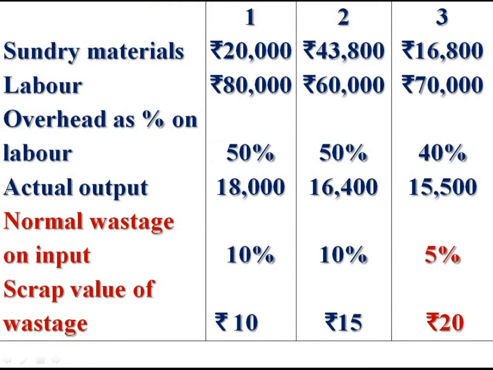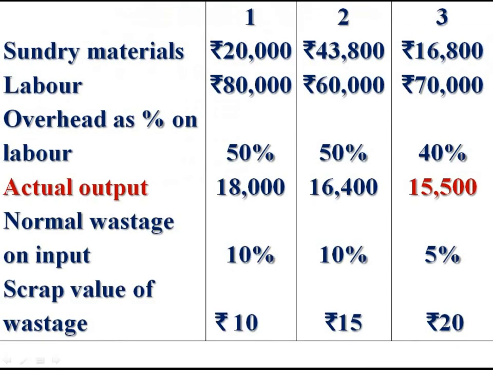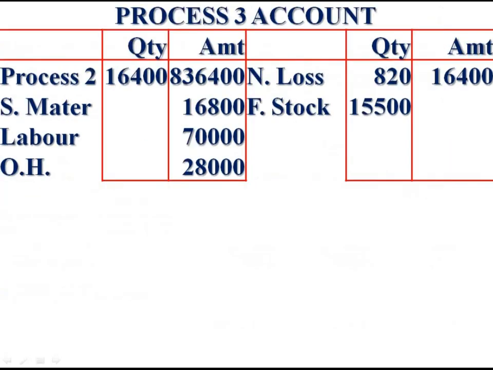We are given the percentage of normal wastage 5% and scrap value 20. Credited 5% of input, 16,400 into 5%, 820 at rupees 20, 16,400 normal loss. Actual output 15,500 credited. Transfer to finished stock account 15,500.